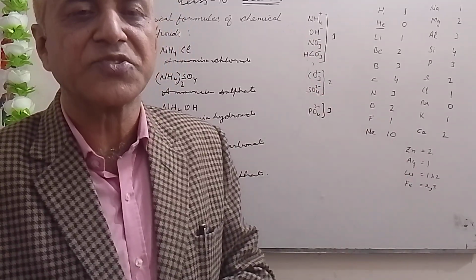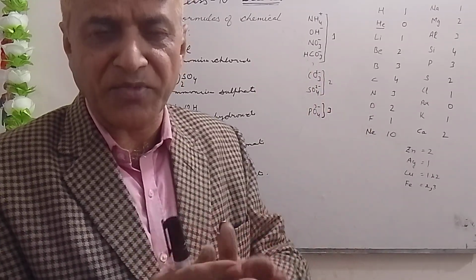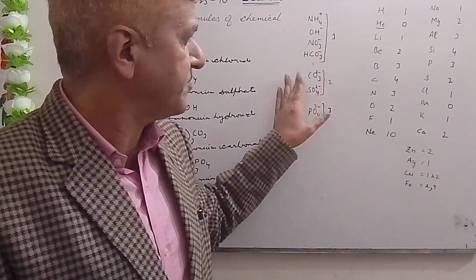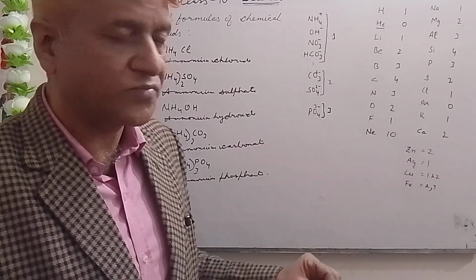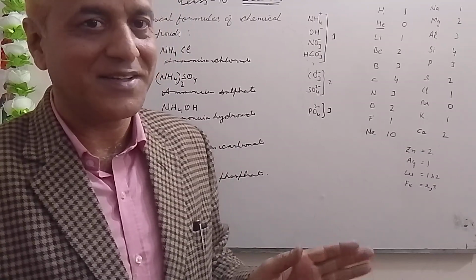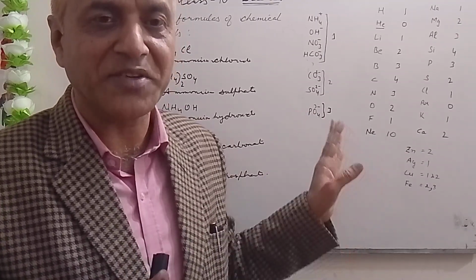So now practice writing chemical formulas of chemical compounds. And my dear students, now I think that you have a strong foundation of writing chemical formulas of various chemical compounds.